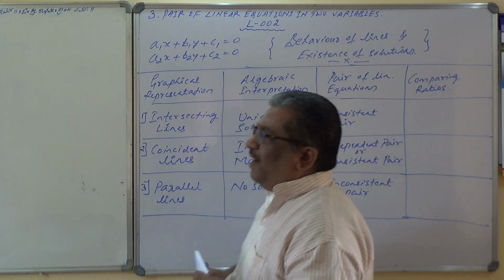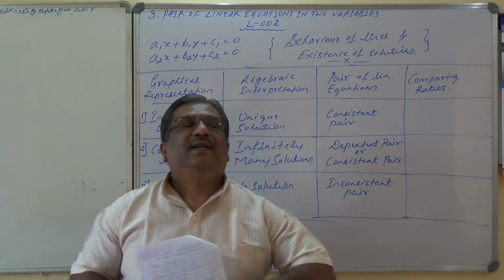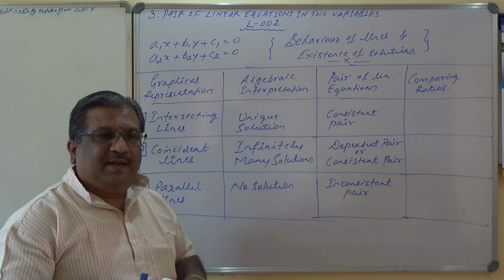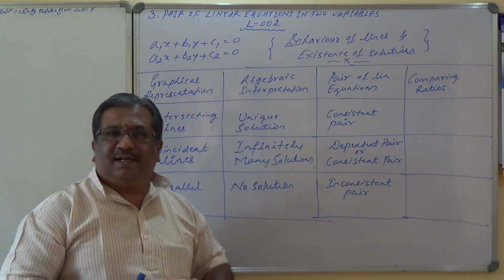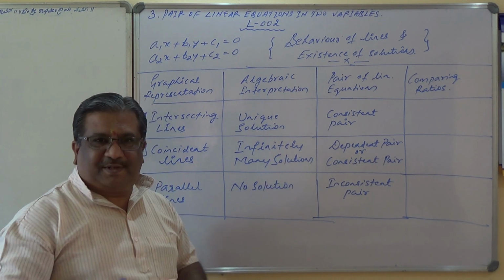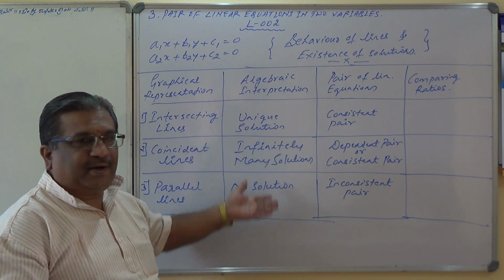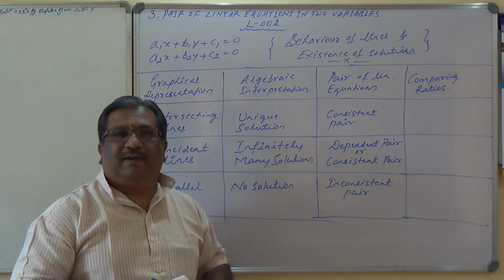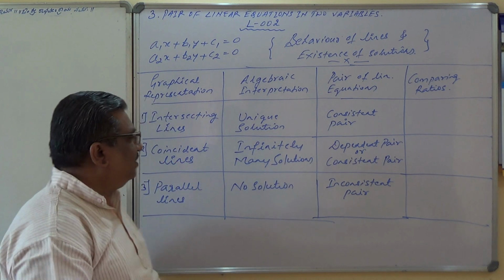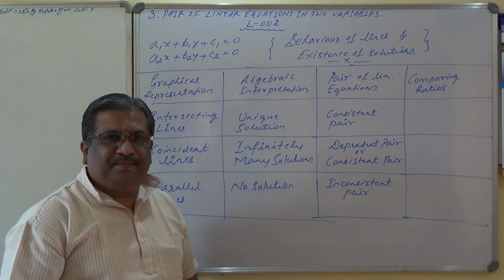Now, if I ask you a question, like I will give you a pair of linear equations, would you be able to tell whether those are consistent or inconsistent without plotting the graph? May not be possible, isn't it? Because you have to plot the graphs and then confirm whether those are consistent or inconsistent based upon intersecting, non-intersecting or coincident lines.